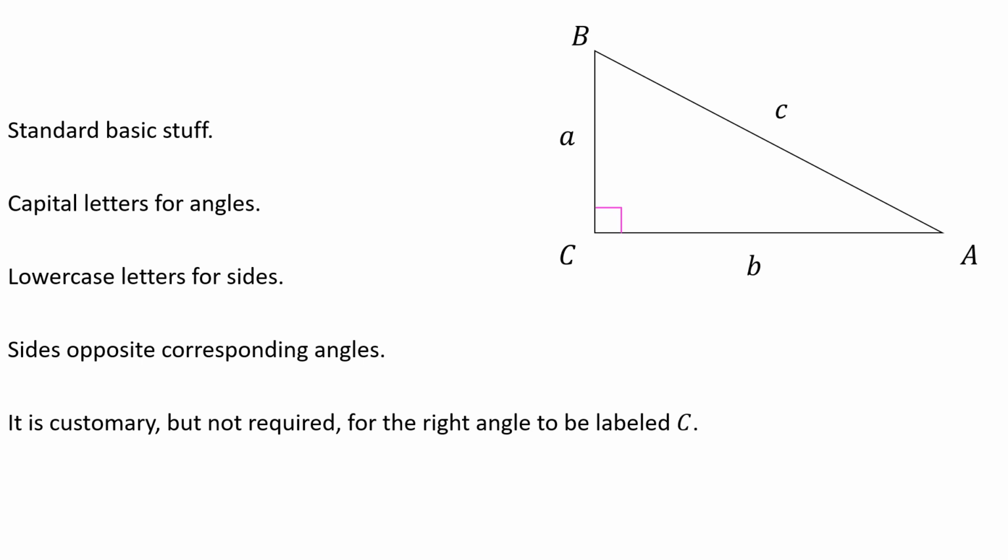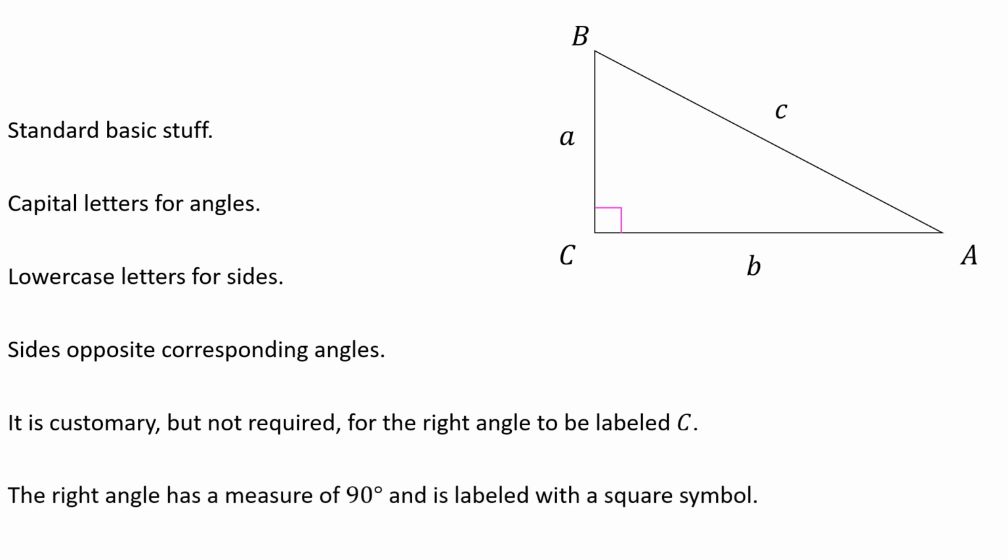And quite often we use C as the right angle, and therefore we use lowercase c as the long side opposite, also known as the hypotenuse. Don't have to, but we usually use A and B for the acute angles and C for the right angle. Notice we got the little square marking at the angle labeled C, so you know that's the 90-degree angle.